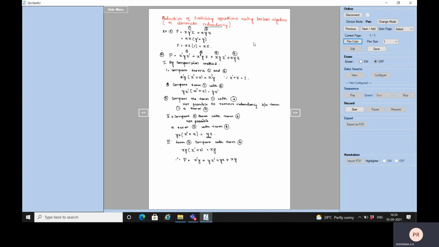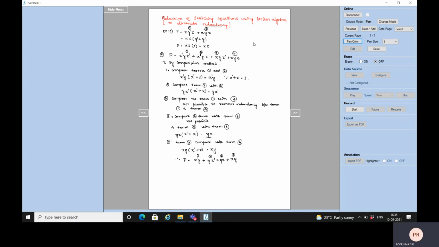Again, the process should not be stopped at this point. Again, the comparison has to be done between the terms. The comparison method has to be repeated until the redundancy between all the terms is removed.